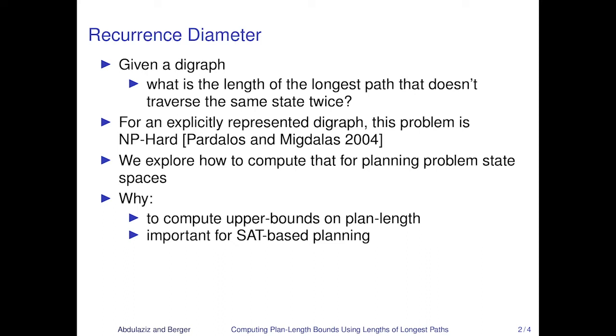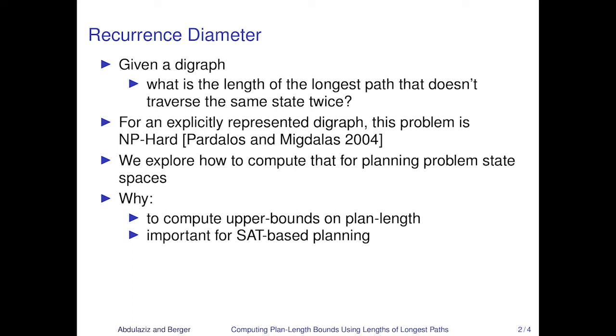So that's a problem. It can have bad running time for practical algorithms. So in this work we explore how to compute the recurrence diameter for planning problem state spaces, and how to do that in a practically useful way.